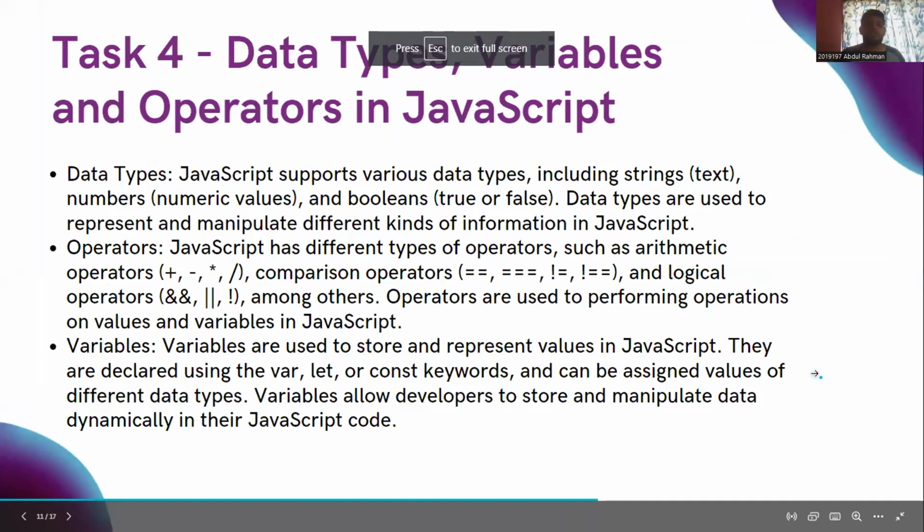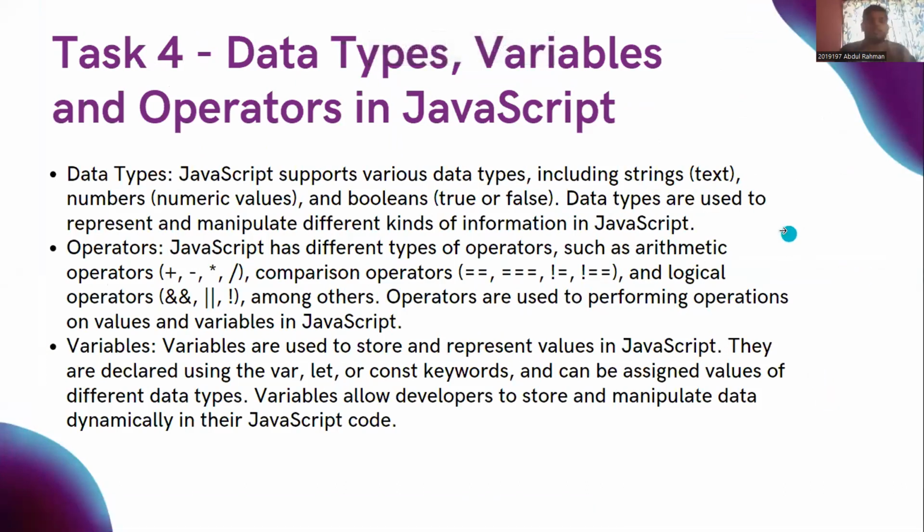My next task is based on data types, variables, and operators in JavaScript. In JavaScript, there are various data types, including strings, numbers, booleans, and so on. These are used to represent and manipulate different kinds of information. And there are various types of operators such as arithmetic operators like plus, minus, multiplication, and division, and comparison operators, and logical operators too.